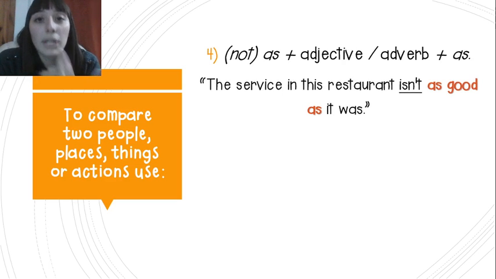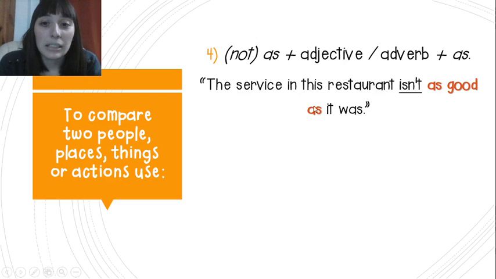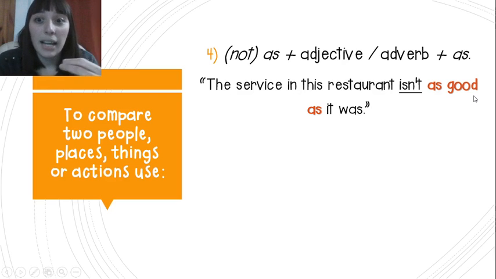So, for example, you can say, the service in this restaurant isn't as good as it was. Pay attention here that between the first as and the second as, we have the simple adjective. We don't say isn't as better as it was.